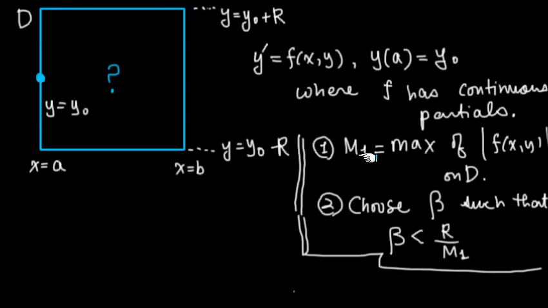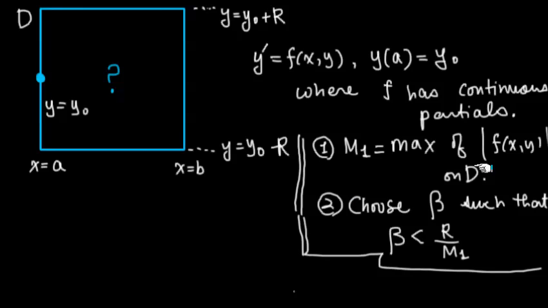Think about it. If m1 is really big, that means the rate of change of this value is really big. So it's either going to grow really fast or decrease really fast. It could happen. Not necessarily here, it could be over here, but it doesn't guarantee where it's happening. So just to be safe, suppose it's happening right here.